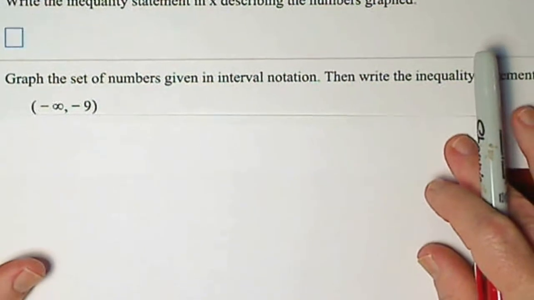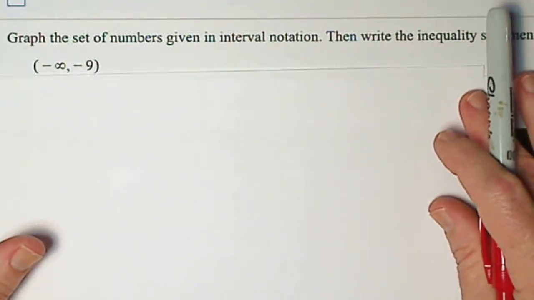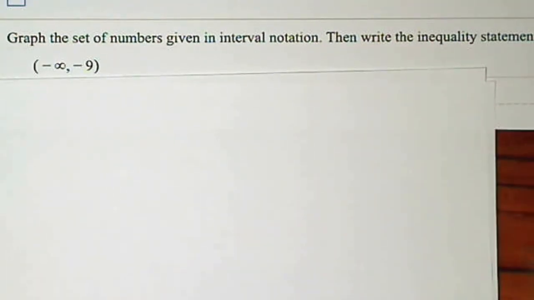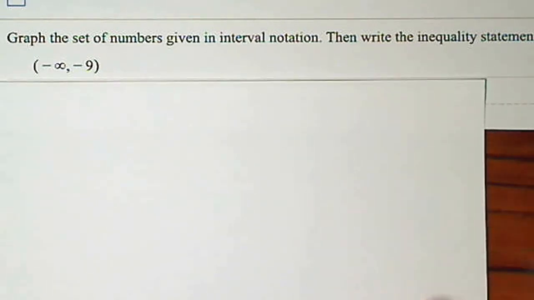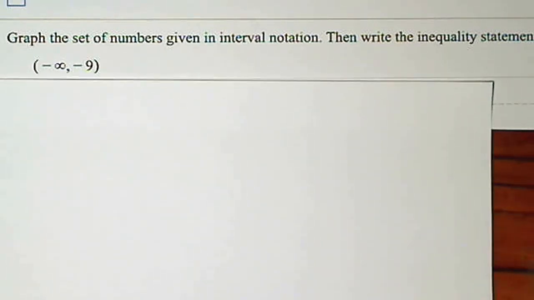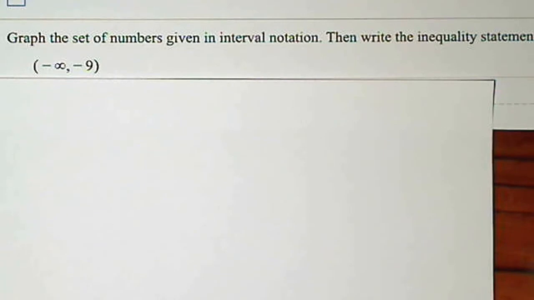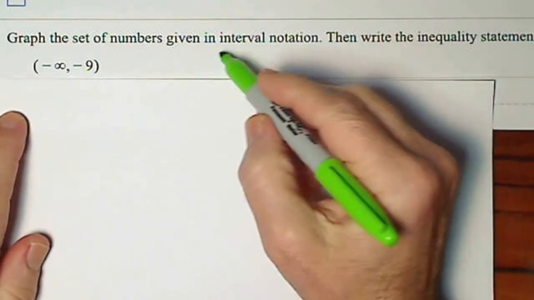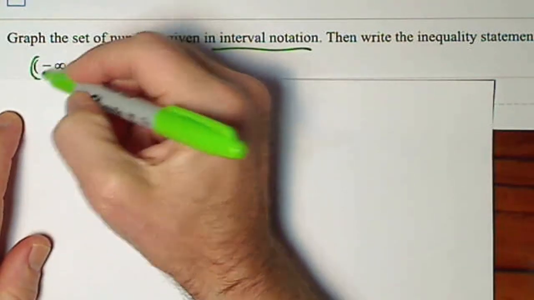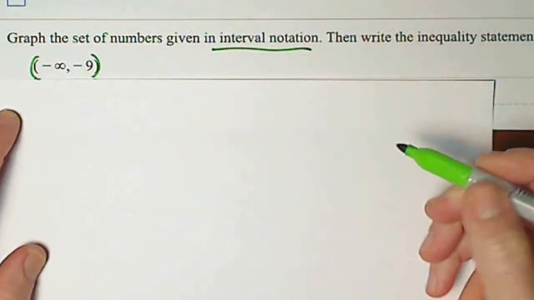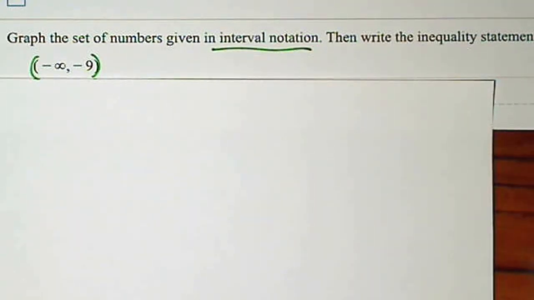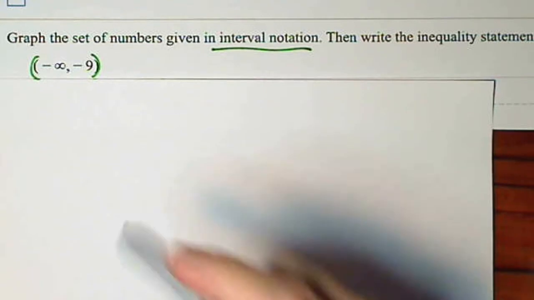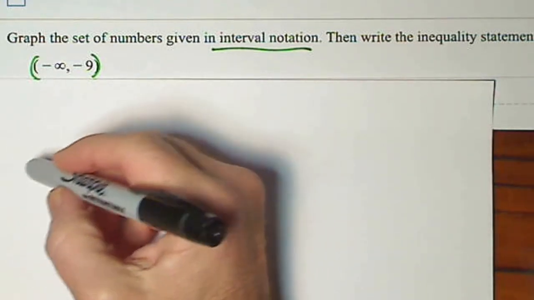And they're going to have us do this again. So again, this is already in interval notation. Okay, so we need to graph that. Well, we'll need our number line.